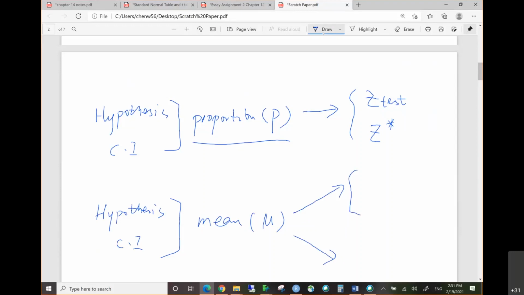So you either have the Z test statistics or the Z star for the confidence interval when the sigma is given. Then we still have the Z, no problem. But what if your sigma is unknown? Then you will have the T test statistics for the hypothesis test. You will have the T star for the confidence interval. Got the idea? All right. Okay.